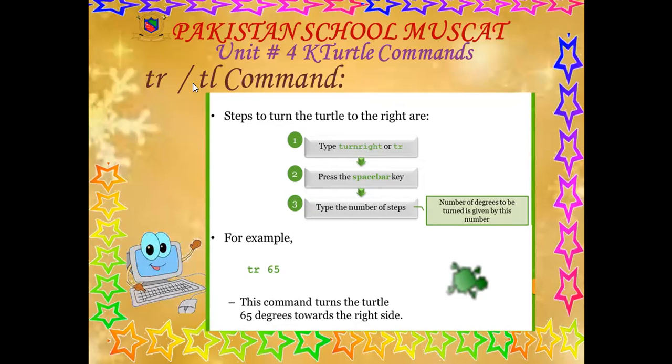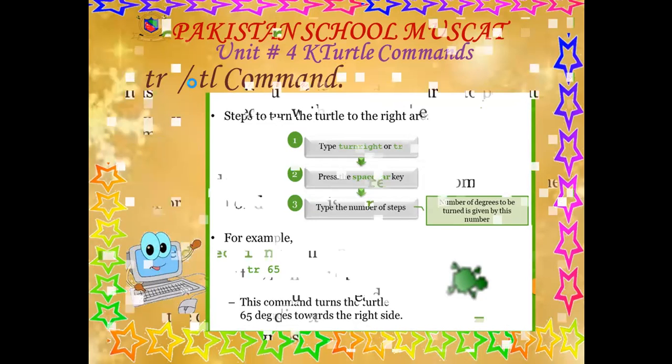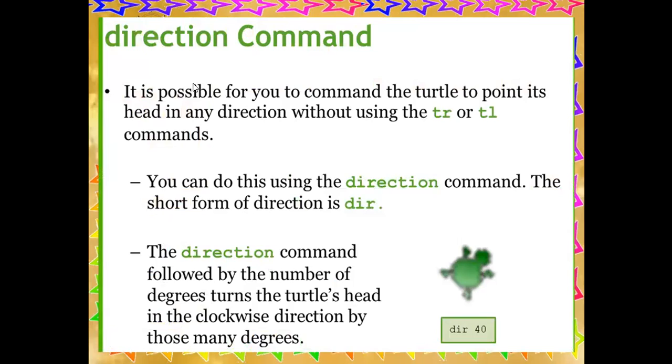Now let's move on towards a new command which we are going to learn in this lesson, and that is the direction command. It is possible for you to command the turtle to point its head in any direction using the TR or TL command. You can also do this using the direction command.